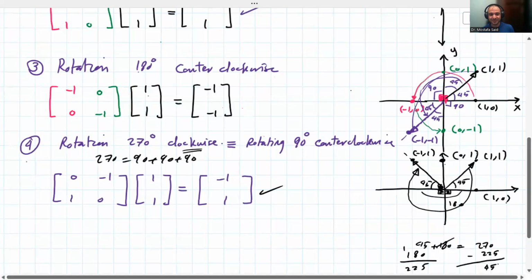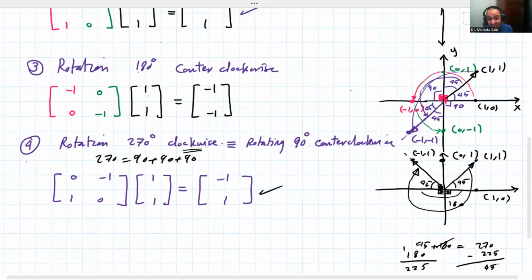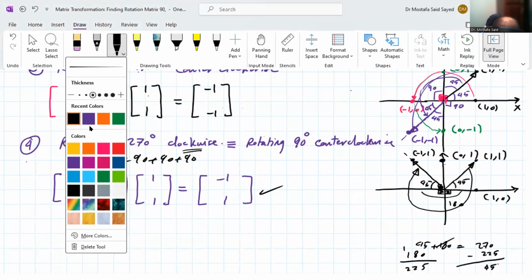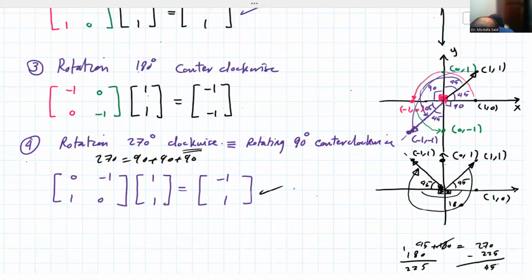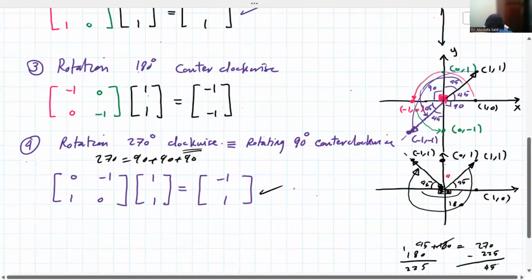Very good. Now, let's do the trick. If we rotate 90 counterclockwise, do we reach the same location? Yes, let's see that. We're going to do it, for example, with red. Remember, this is 45, this is another 45 here, but we want 90, so another 45 is required, which is this one here.